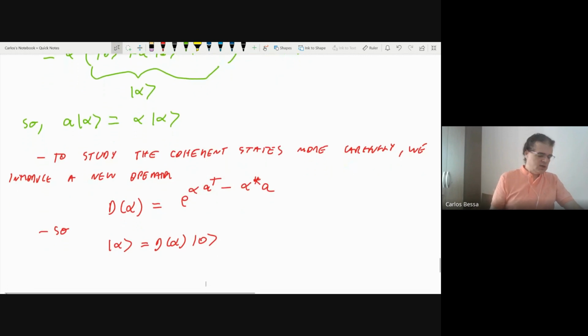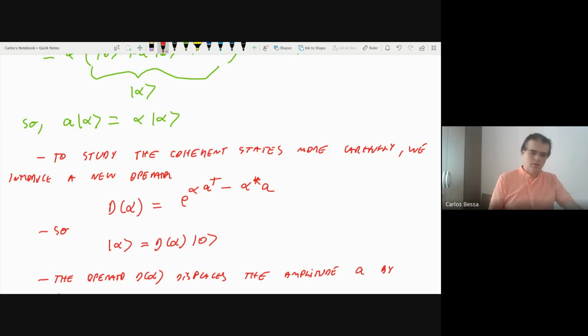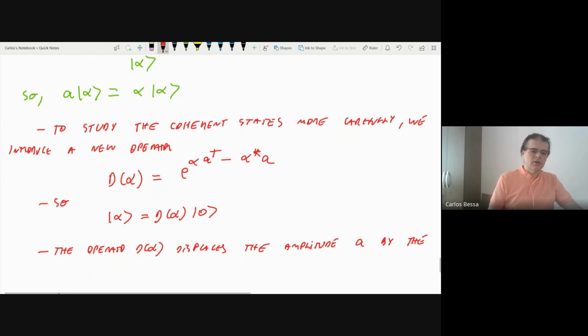And we'll see now that the operator D of alpha displaces the amplitude a by the complex number alpha.